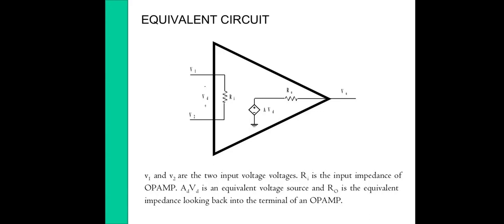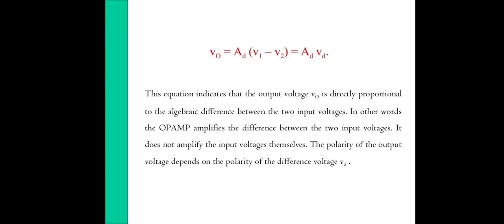Equivalent circuit: V1 and V2 are the two input voltages, where Ri is the input impedance of the op amp, AD·VD is an equivalent voltage source, and RO is the output impedance looking back into the terminal of the op amp. V output is equal to AD times (V1 minus V2), that is, AD times VD.